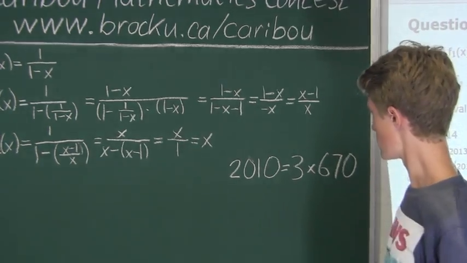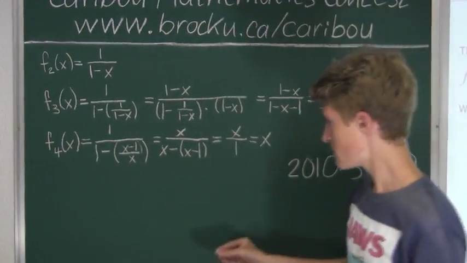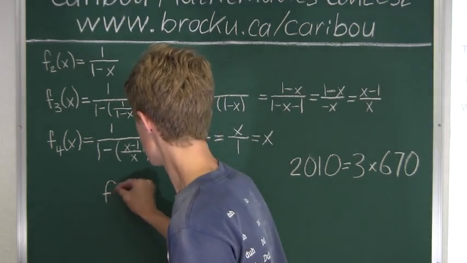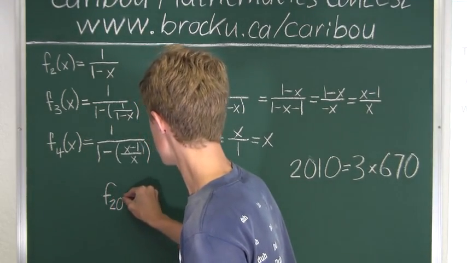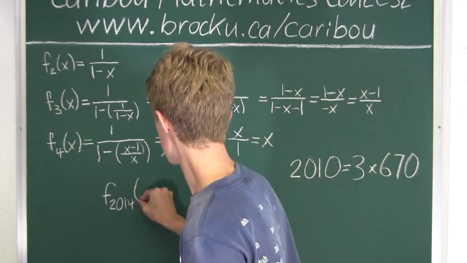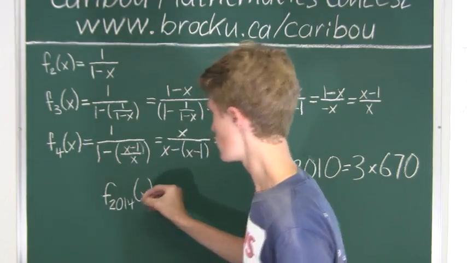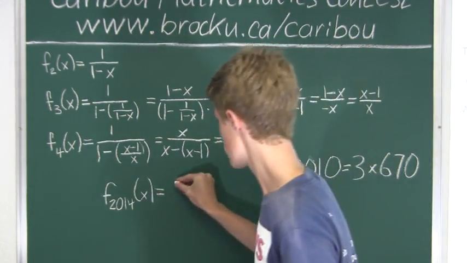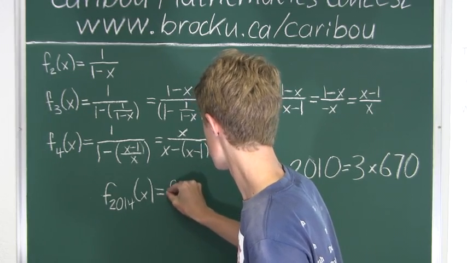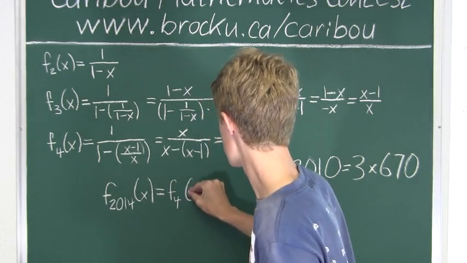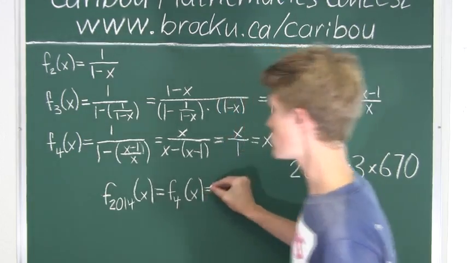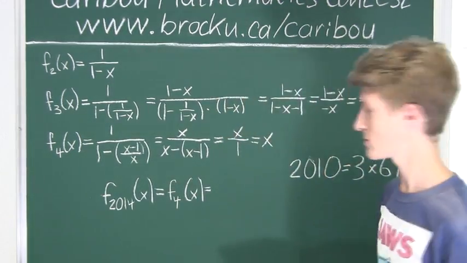Therefore we know that f 2014 of x must equal f4 of x, which we know is equal to x.